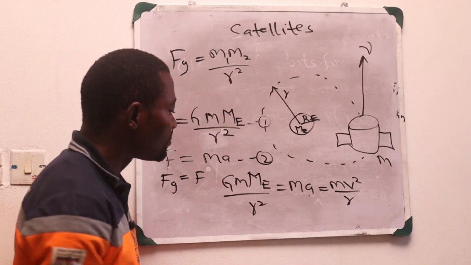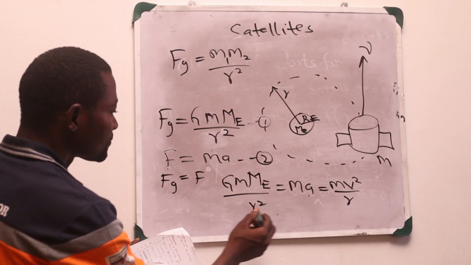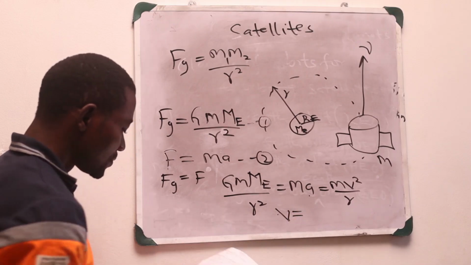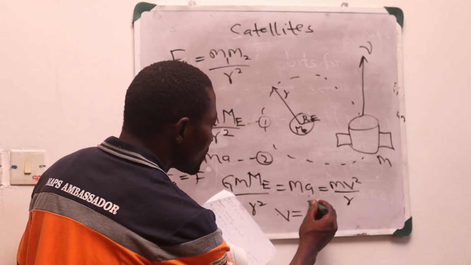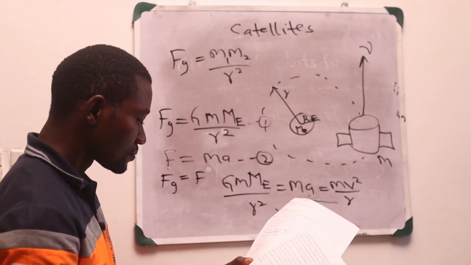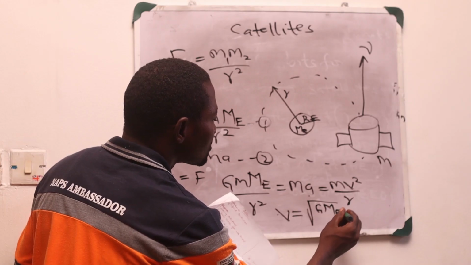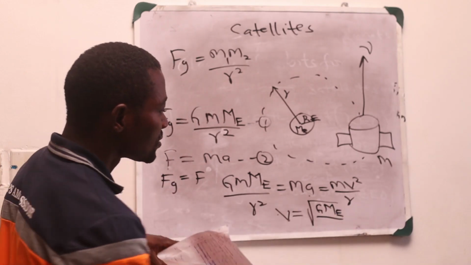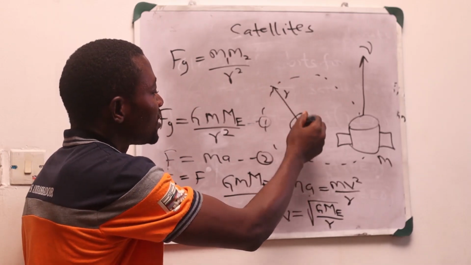So with this, if we simplify, we can have that our velocity v will be equal to the square root of our gravitational constant, mass of the Earth, and the distance of the satellite.